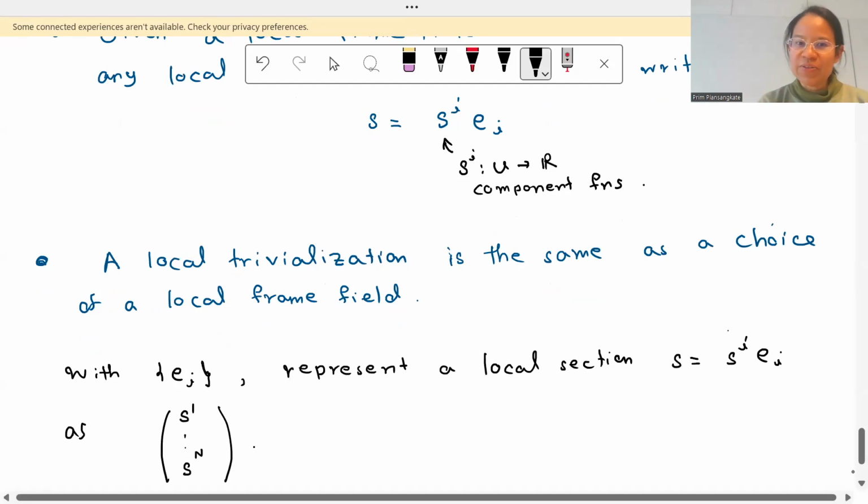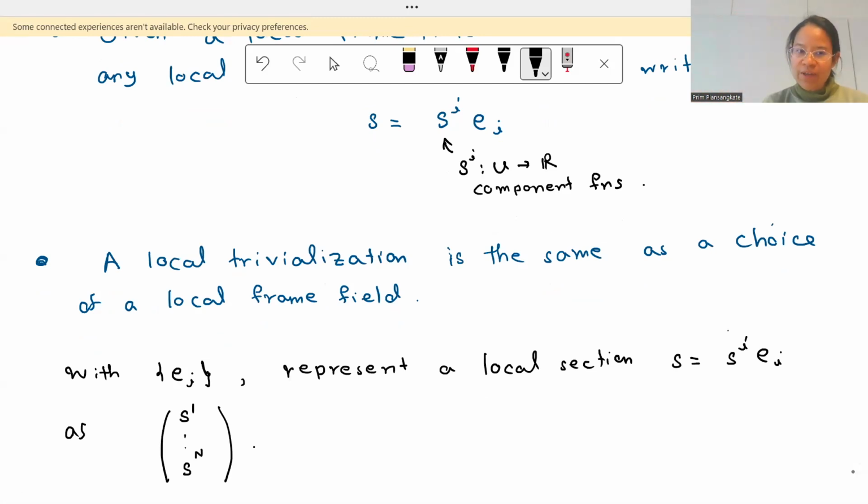So locally, you can think of a local section as a column vector whose entries are functions.